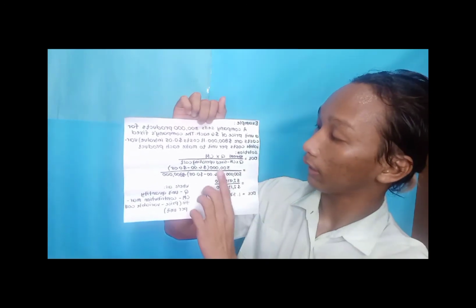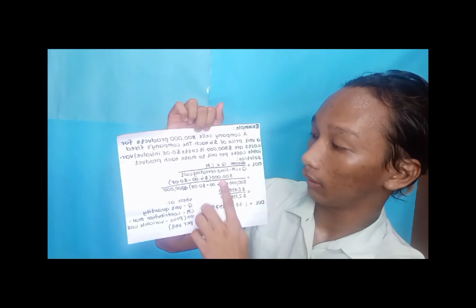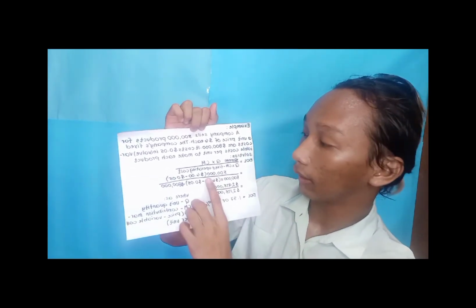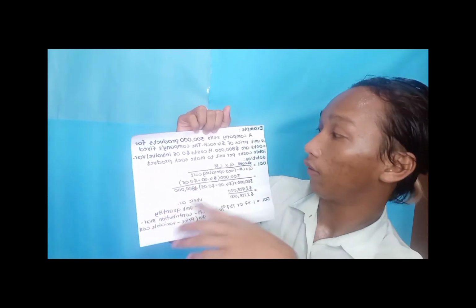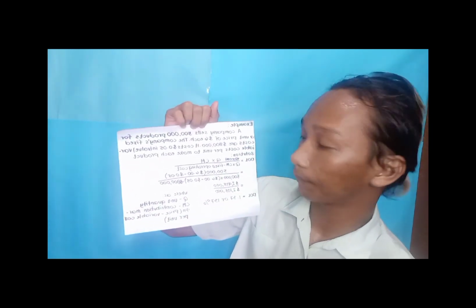This 500,000 is the unit quantity, this $6 is the price of the product, then the 0.05 is the variable cost per unit.